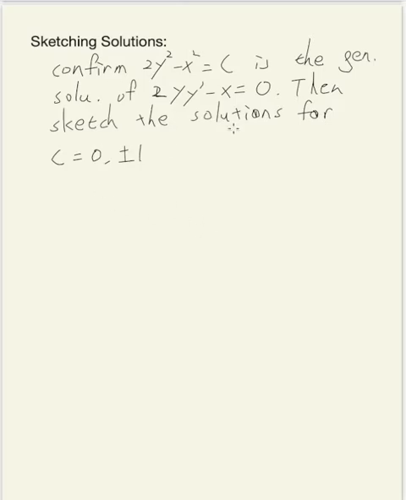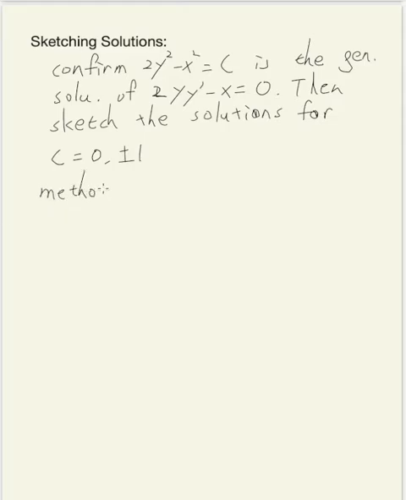To check that, since we have the implicit solution instead of the explicit formulation, y equals something, instead of calculating y prime, we can just differentiate the entire equation by x.